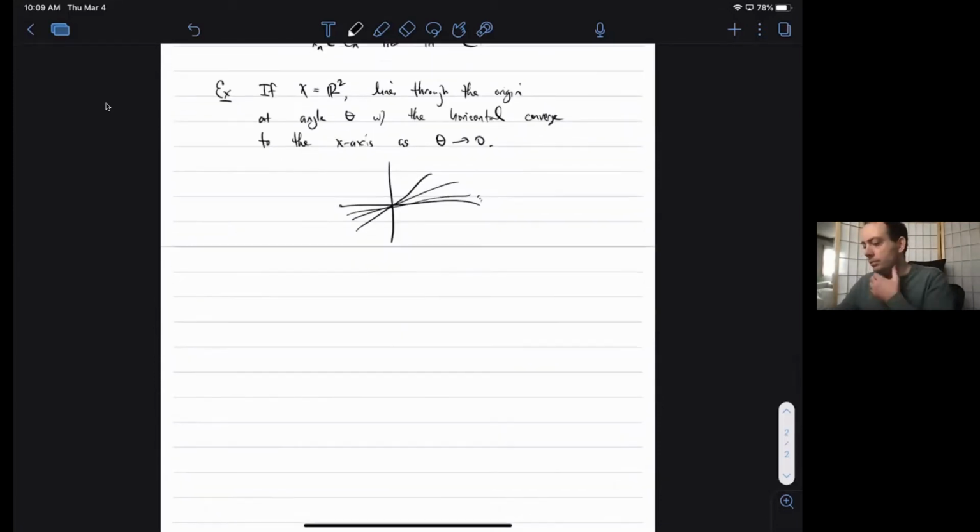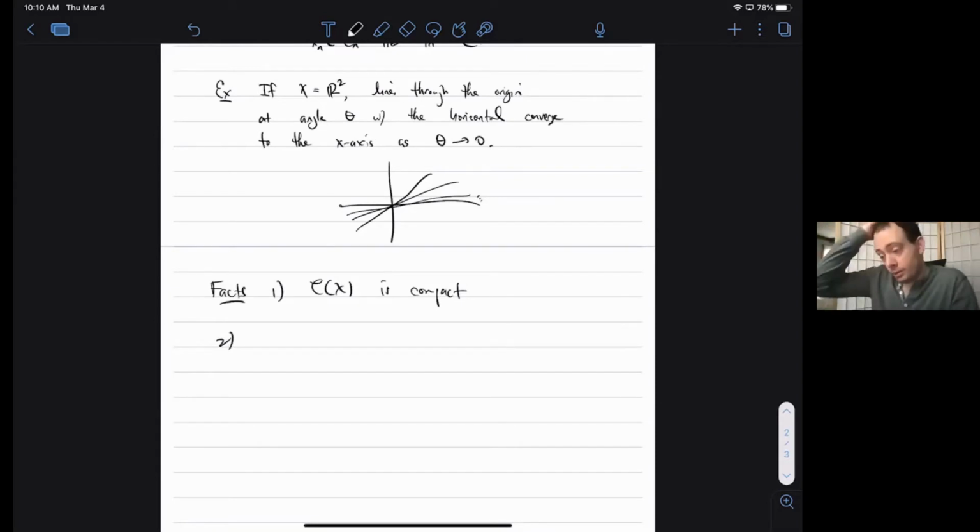So, all right. What are some relevant facts here? The first one is that this space of closed subsets is always compact. This is an easy exercise. You can prove it in a paragraph.